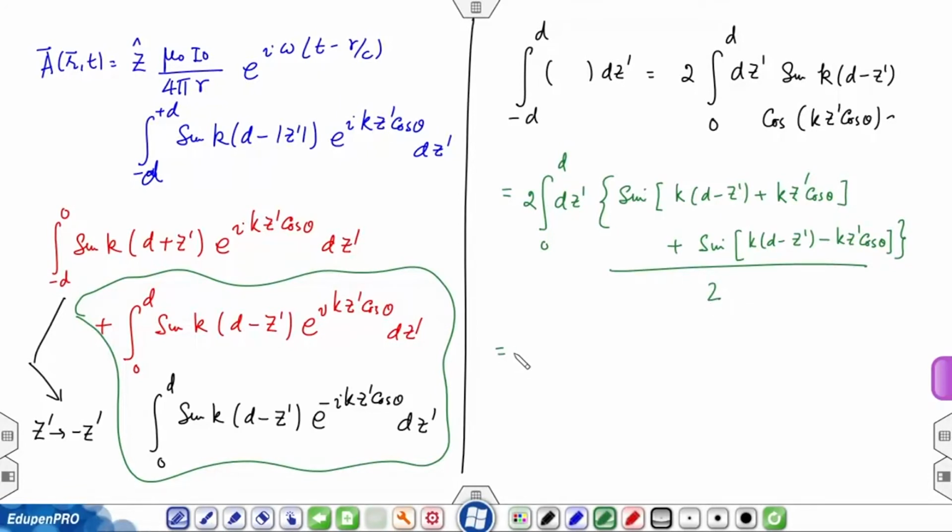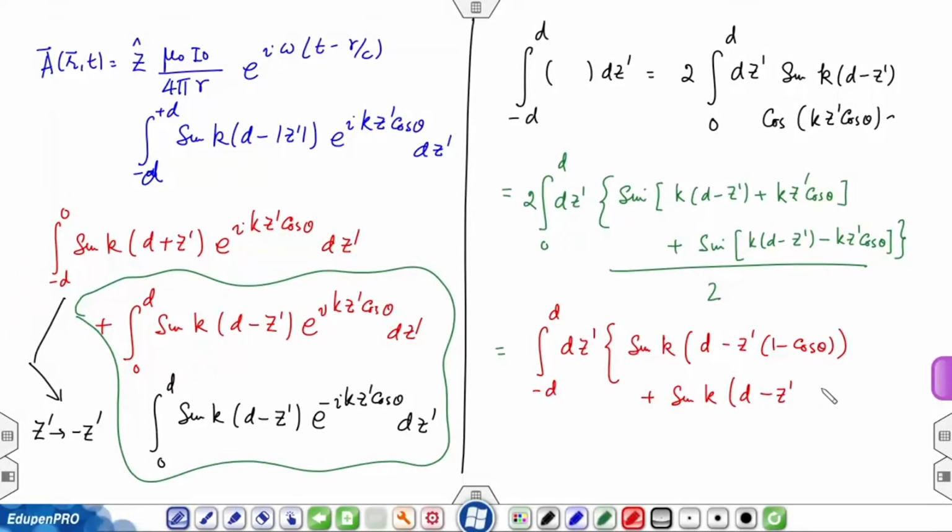So, this is equal to minus d to d dz prime sine of k d minus z prime times 1 minus cosine of theta plus sine of k d minus z prime times 1 plus cosine of theta dz prime.